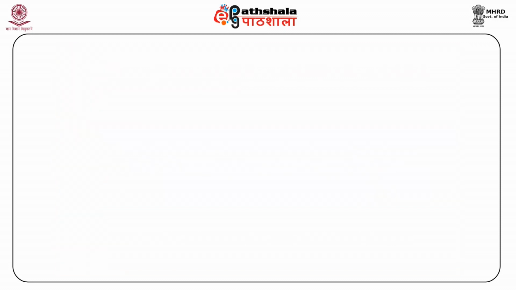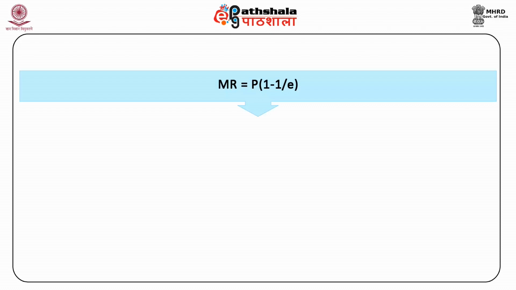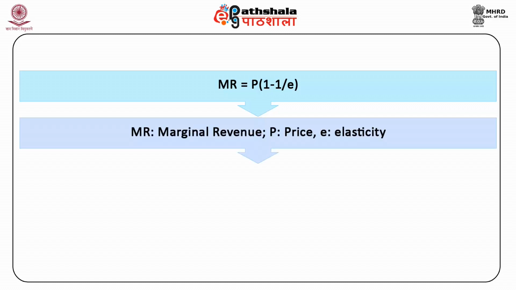We have seen that MR equals P(1 minus 1 by E), where MR is marginal revenue, P is the price, and E is elasticity of demand.